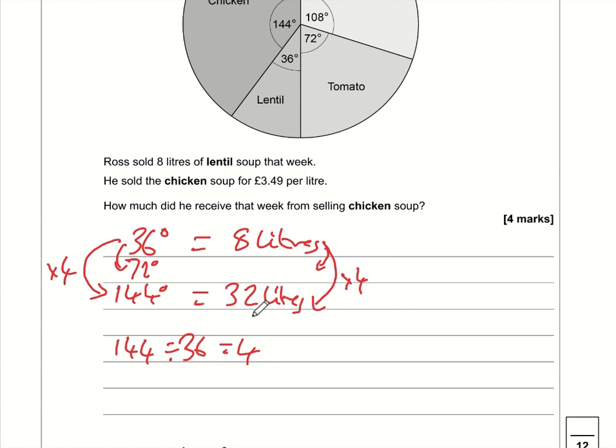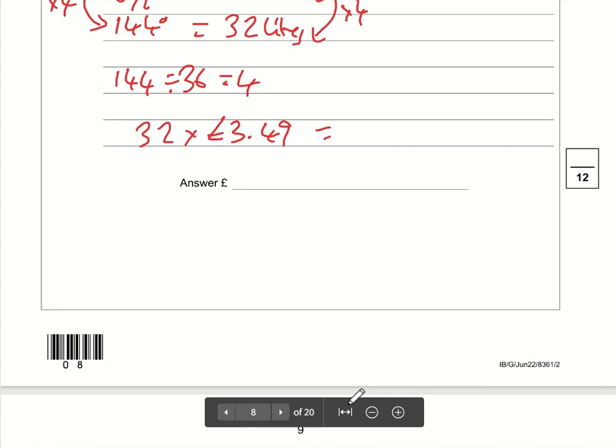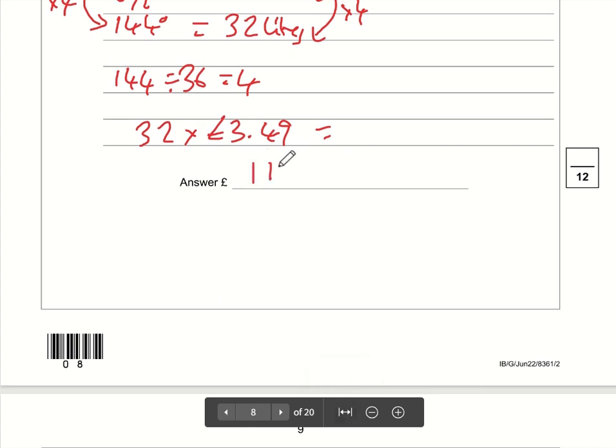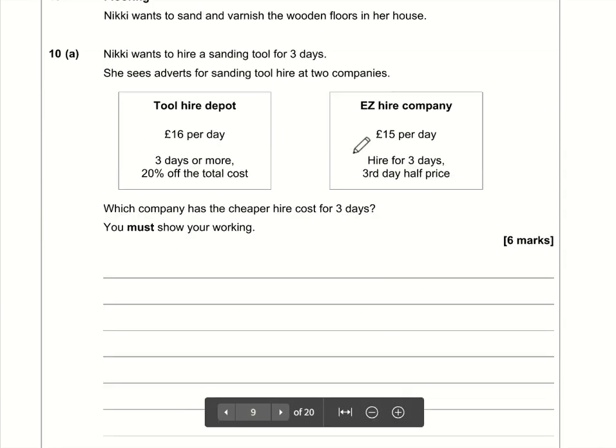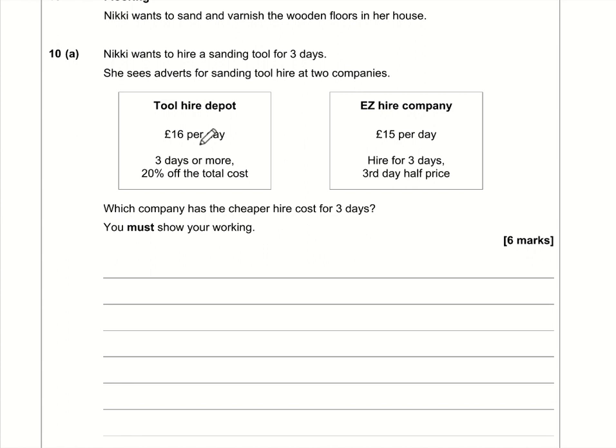So that is 32 litres of chicken soup. We know that it's £3.49 per litre. So it's 32 multiplied by 3.49, and that comes to a total of 111.68.